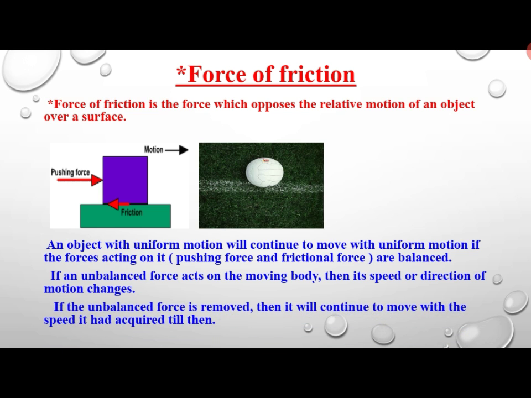Hence, if the unbalanced force is removed, then it will continue to move with the speed it has acquired till then. So if no force of friction existed in nature, in that case every object would remain in its original state. If the object is at rest, it will remain at rest. If the object is in motion, it will continue to move along that particular direction.